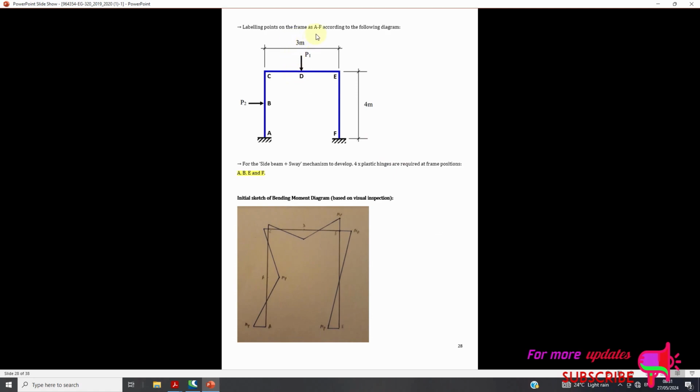Labeling the points of the frame A to F according to the following diagram. For the side beam plus sway mechanism to develop, 4 plastic hinges are required at the frame positions A, B, E, and F. The initial sketch of the bending moment diagram based on visual inspection is as follows.